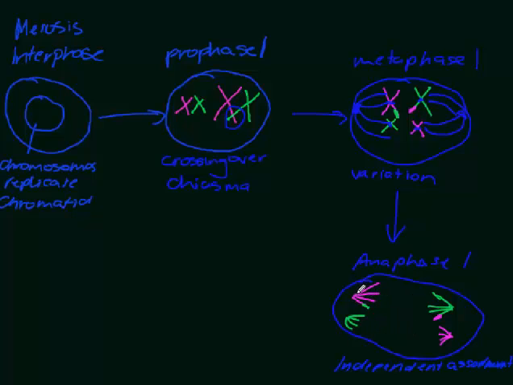Not only is chromosome 1 going to either end before the first cell division occurs, but also they're going to different locations. So the resulting egg or sperm are going to have a combination of maternal and paternal genes.